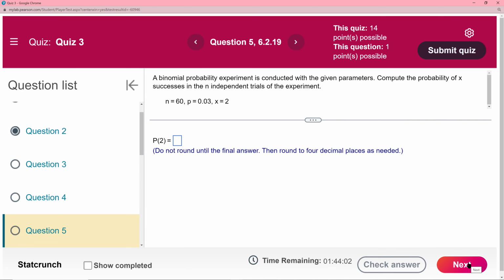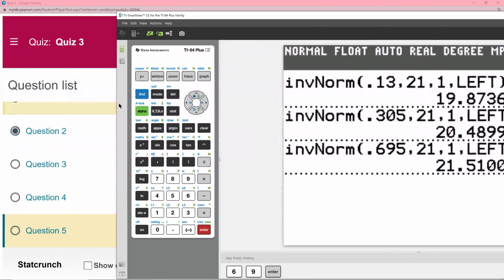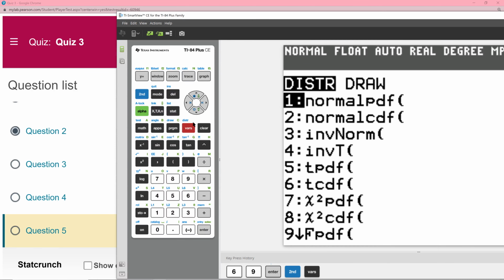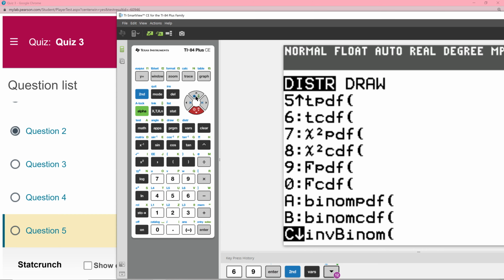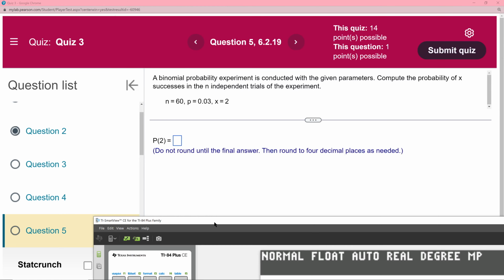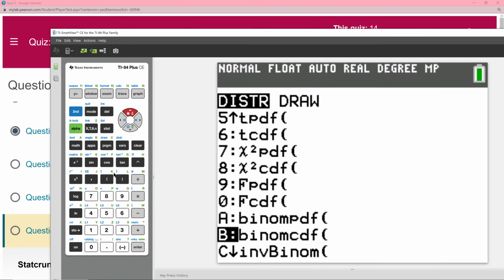Let's keep going. Well, binomial probability. Okay, the calculator can do this. StatCrunch can do this. Just as it looks, you go into second, distribute again, go down to binomial, CDF, or wait, hold on. It's PDF.